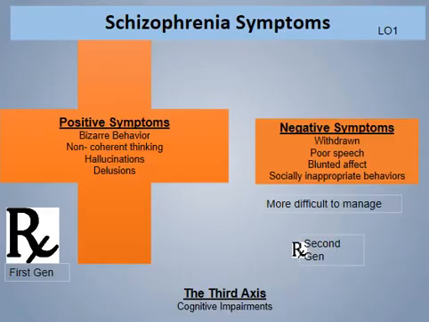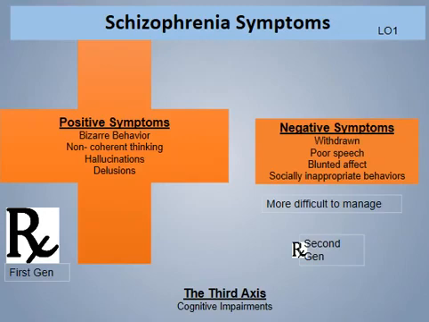And so here's a nice summary of the symptoms of schizophrenia. These are positive and negative symptoms. Of course, the positive symptoms we associate with odd or bizarre behavior, non-coherent thinking, hallucinations, and delusions. And these positive symptoms are more often best treated with the first-generation antipsychotics.